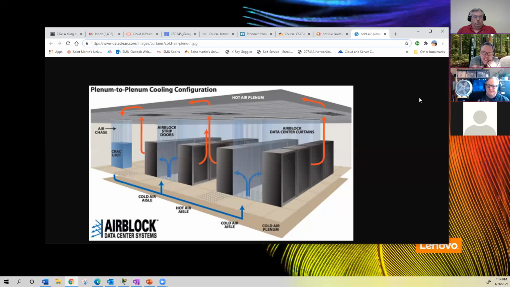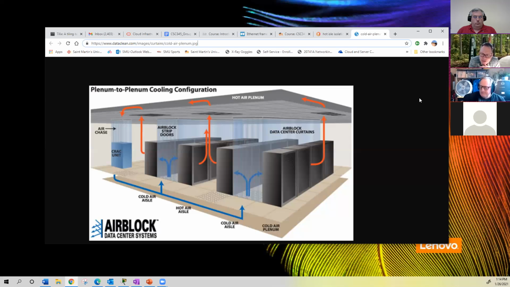And then there's a space between the next floor, or the ceiling if it's just one story, and this dropped ceiling. This is called the plenum. Within that plenum area, the hot air escapes up and then gets sucked back over into that crack unit to be cooled and then blown underneath as cold air again.